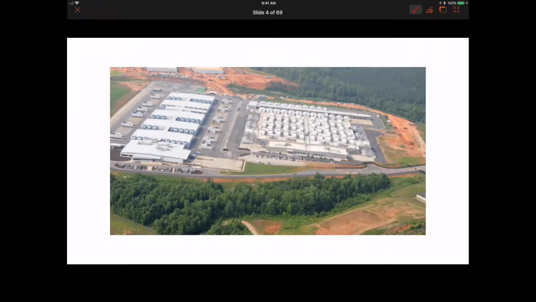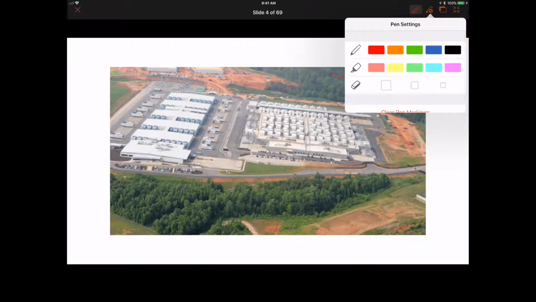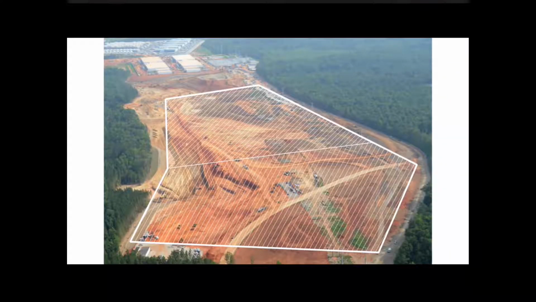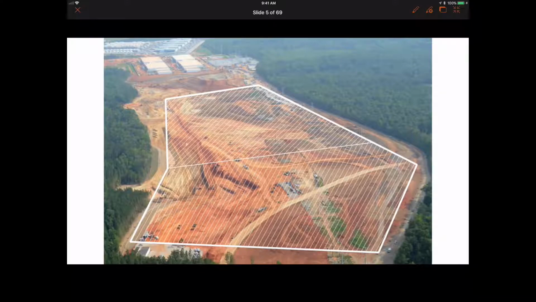Now what is this? This is a data center. It looks humongous, and there are many of these in the world now. They use the power of an entire small city and maybe a medium-sized city to get their servers going. And here in the next slide you see that the data center is being enhanced.